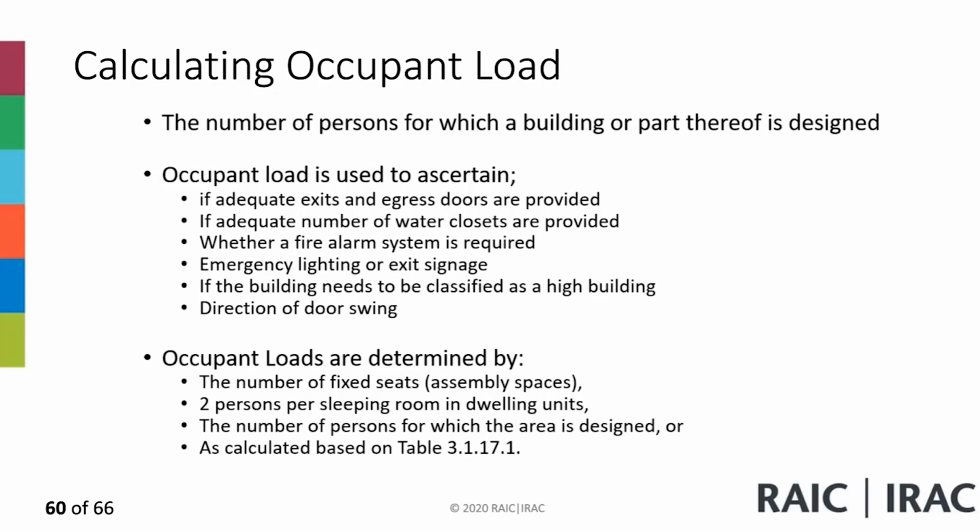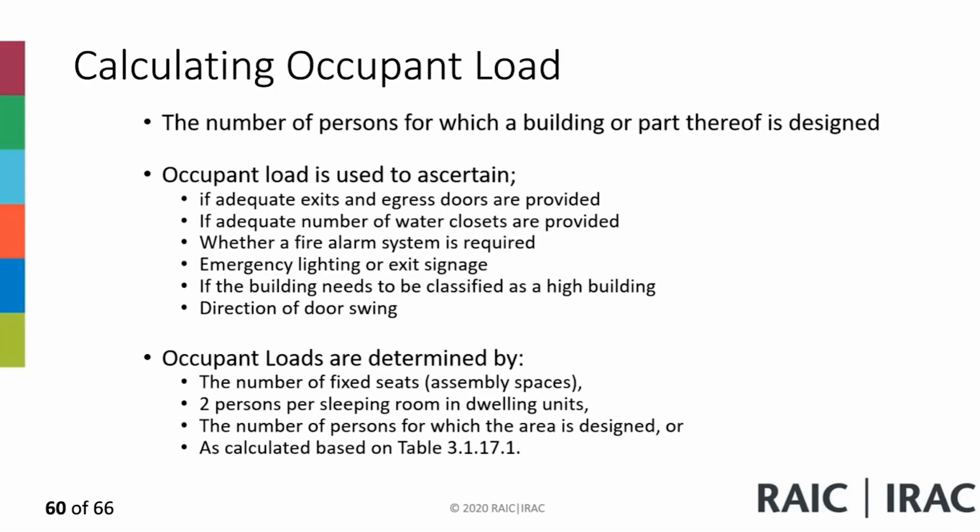The occupant loads can be determined based on design. But if you determine it based on design, you take a look at 3.1.17.1.2. If a floor area or part thereof is designed for an occupant load other than that determined by the table, 3.1.17.1, a permanent sign indicating the occupant load shall be posted in a conspicuous location.